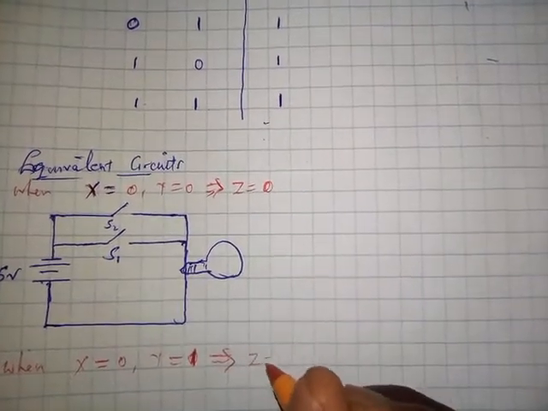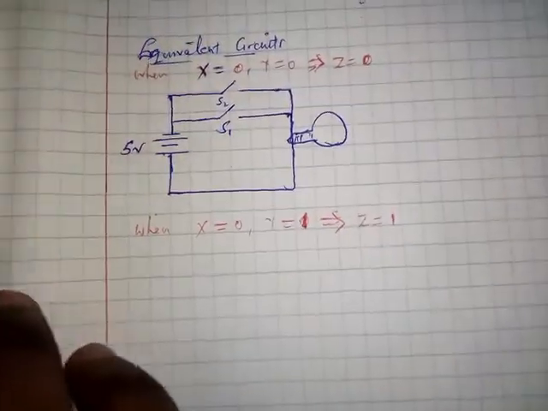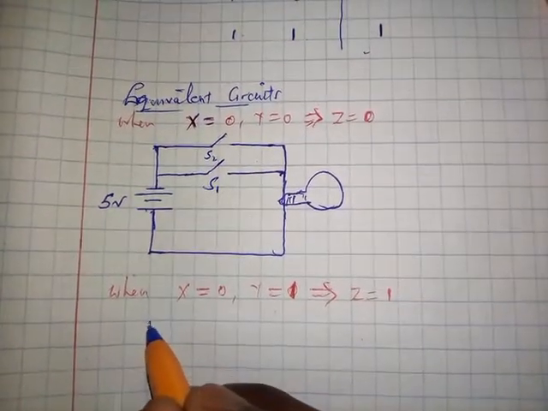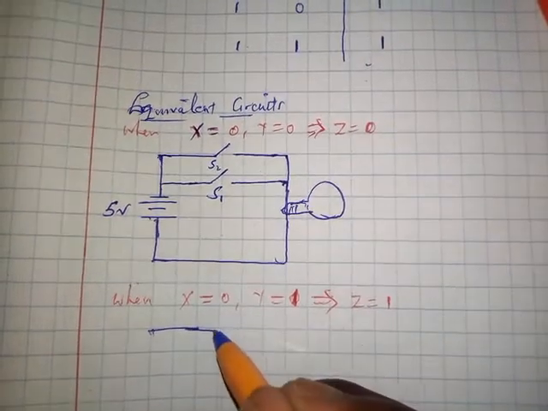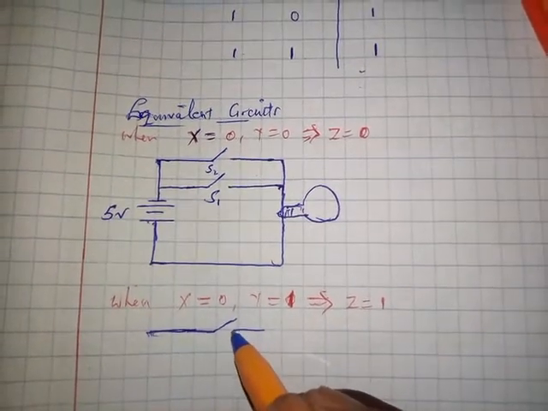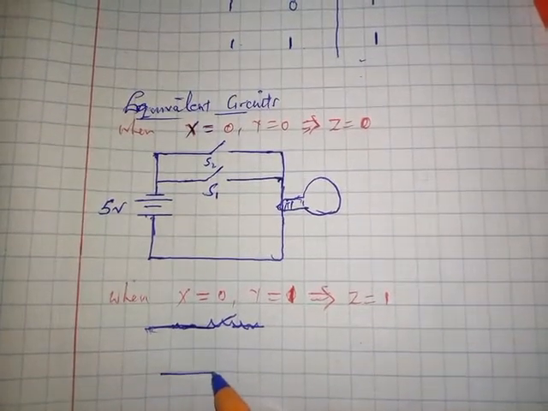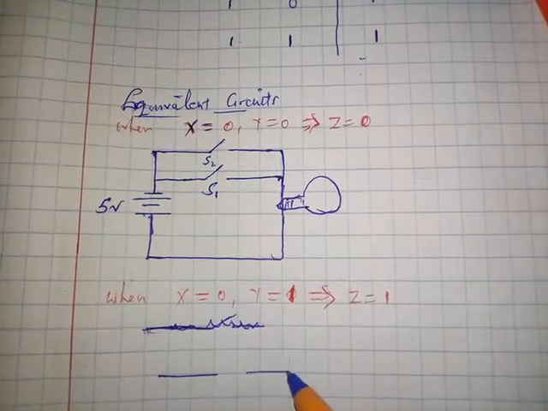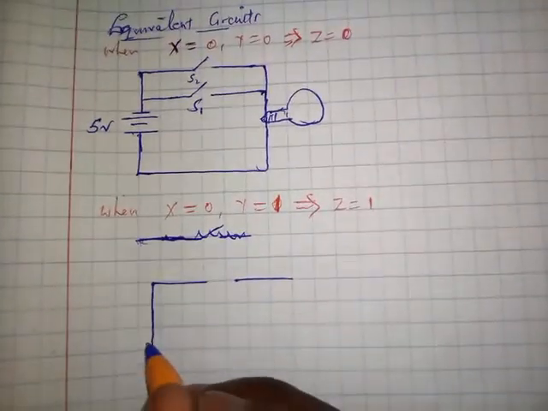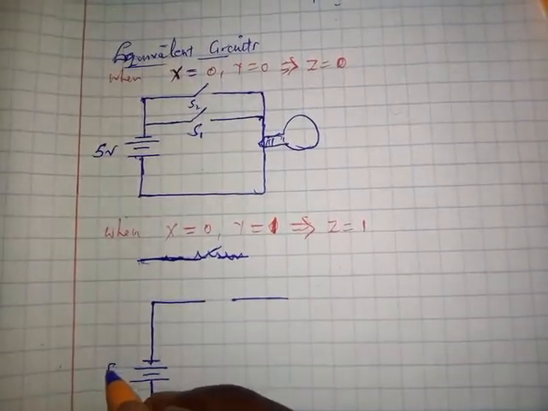This implies that Z will be equal to 1. So an equivalent circuit is 5 voltage.